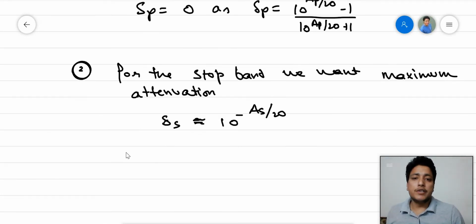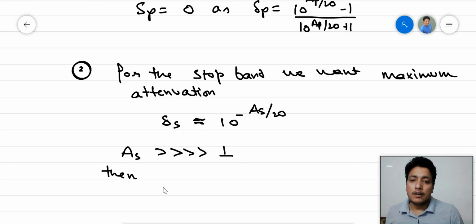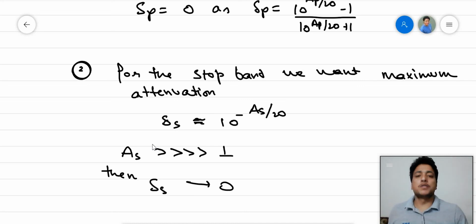So the attenuation we want is maximum, as AS is much higher than 1, then delta S will tend towards 0. We can see from this particular point. So for a well designed filter, we want those ripples to be tending towards 0 or be as minimum as possible. If they are minimum, then only the attenuation will be specified accordingly in pass band and stop band.